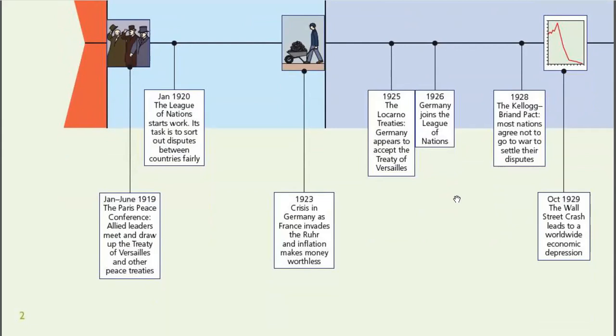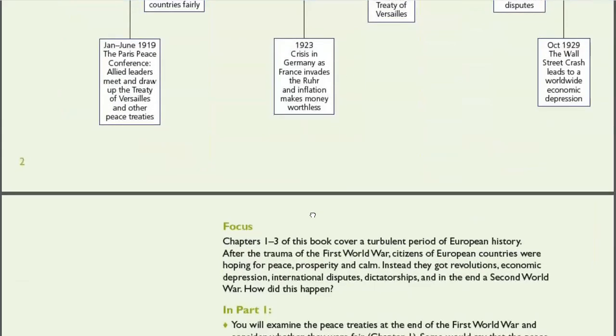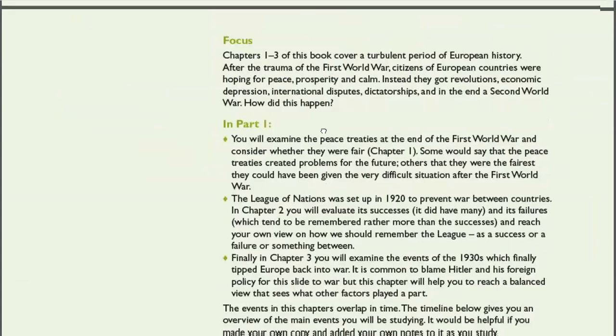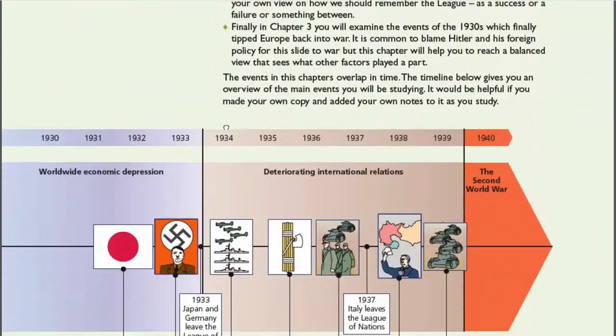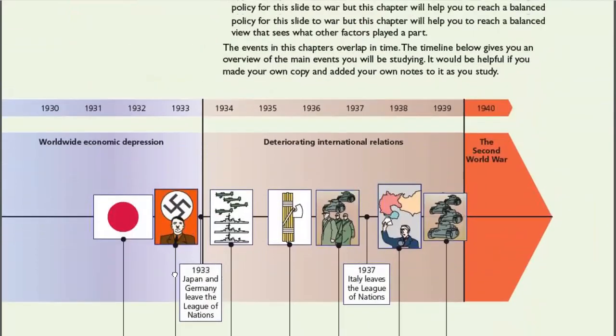It gave a big blow to the economy over the world. What happened in the Wall Street Crash in 1929? We should focus on this chapter, a very important thing for us.